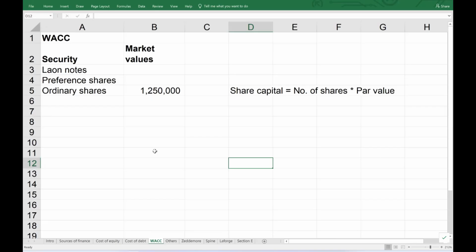He might give you share capital. Let's say share capital is 1 million, the par value is 50 cents and the market value is $1.5. So tell me how I will find the market value of the shares.